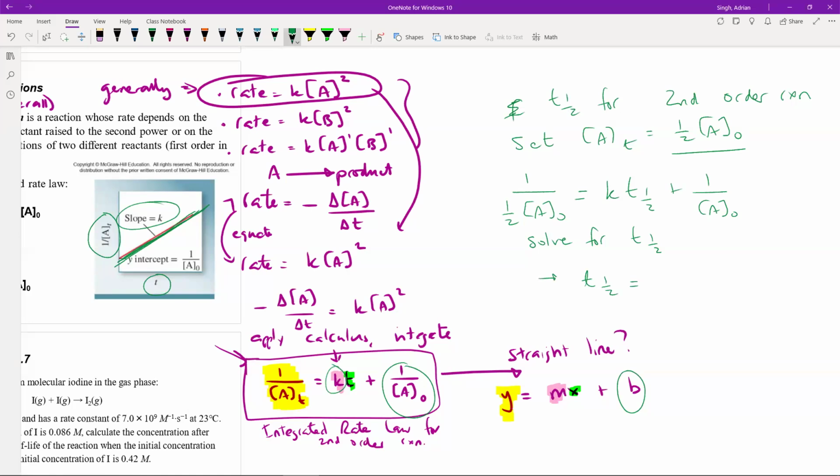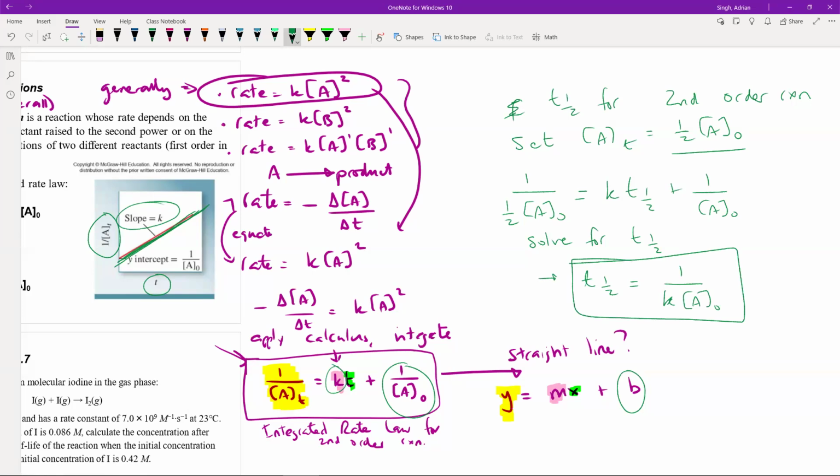Okay, I'm not going to go through the derivation here, but we end up with half-life. And you can practice this. You can try this, do the math, go through the math. That'll give you some extra practice with reviewing manipulations and algebra, etc. T1/2 here, the half-life will be equal to 1 over K times the concentration of A at time 0.